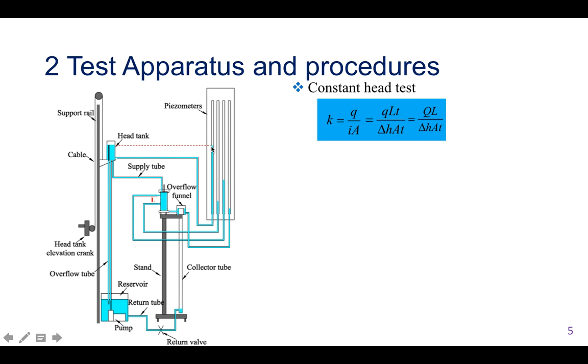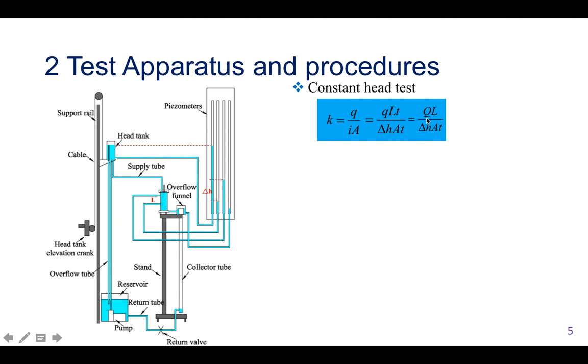This is also why it is called the constant head test. The hydraulic head difference between these two taps can be obtained from these two piezometers. When the water comes to the overflow funnel and reaches the top, it will be forced into the collection tube. At first, the return valve will remain open to allow water to flow back to the water tank.